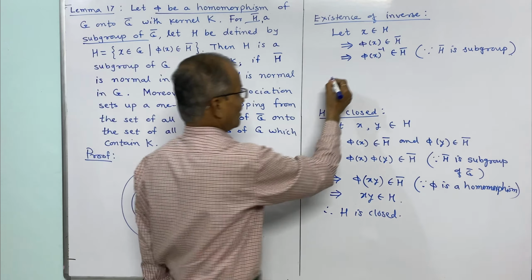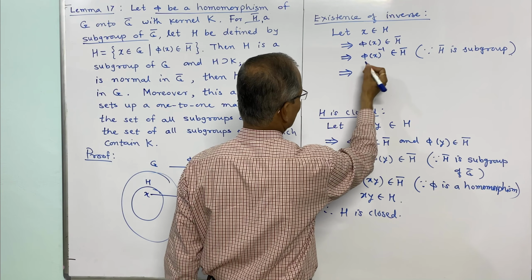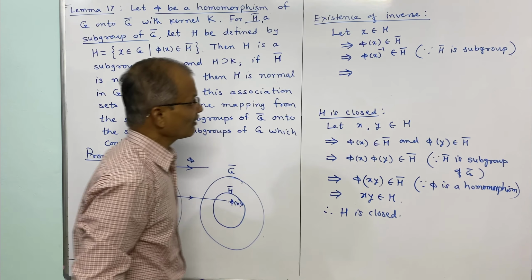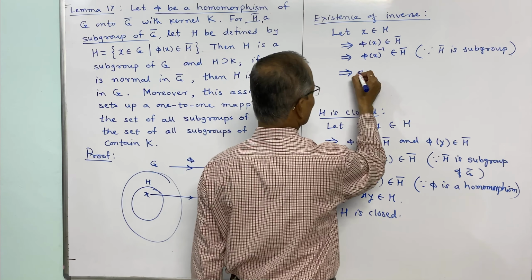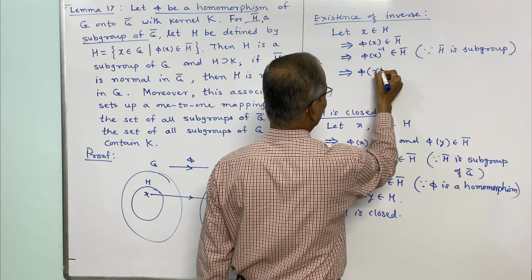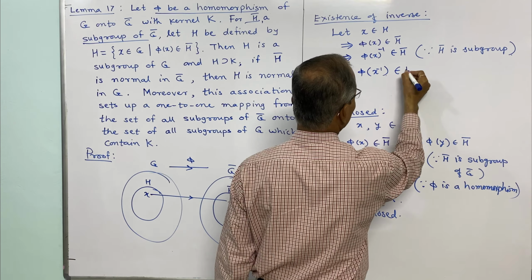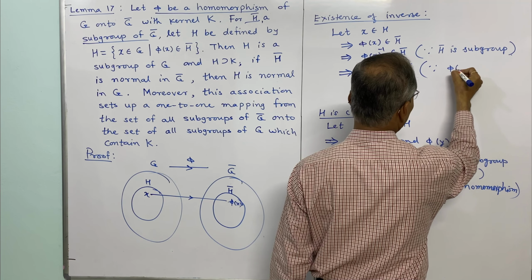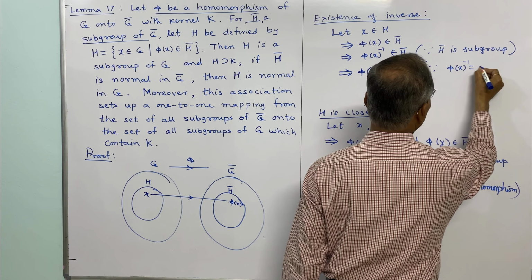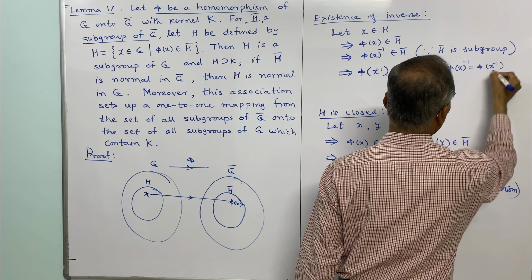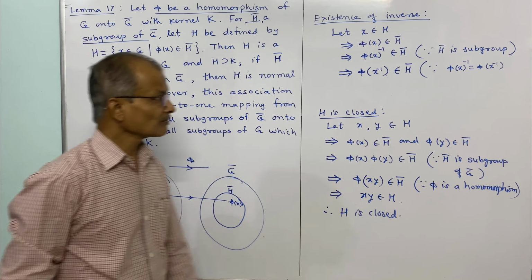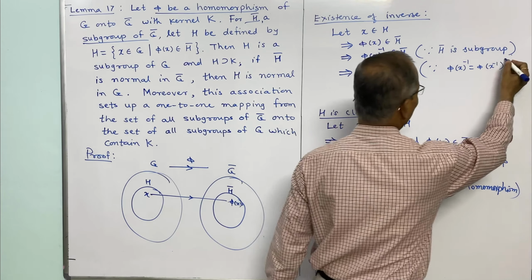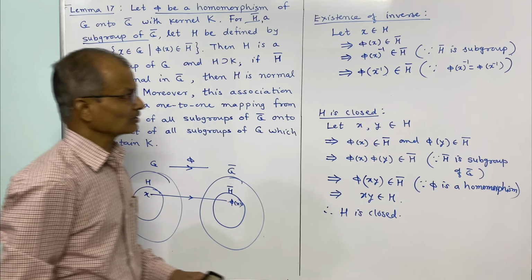And again, by the property of homomorphism, the inverse of phi of x is the same as phi of the inverse of x, and this belongs to H bar. We have proved this earlier: the inverse of phi of x is equal to phi of the inverse of x, and thus phi of the inverse of x belongs to H bar.